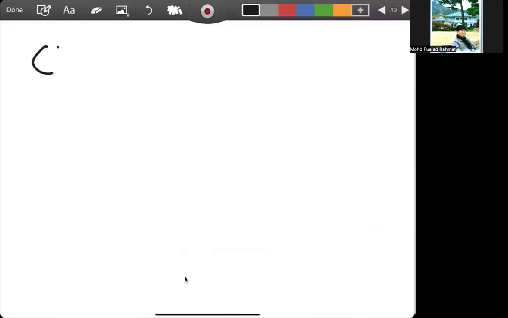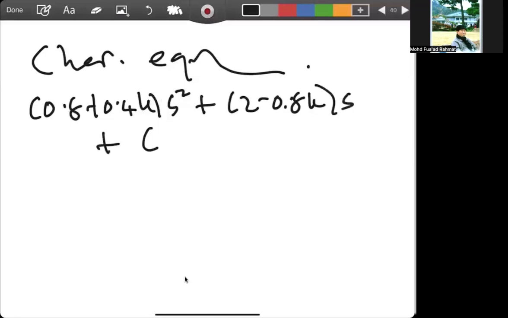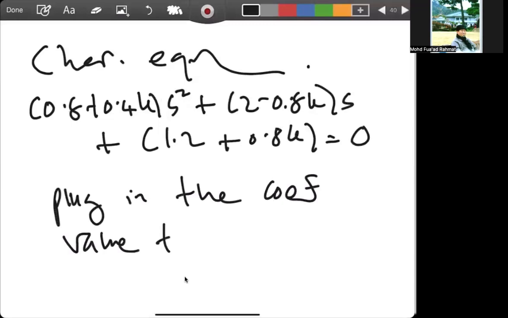So the characteristic equation is (0.8 plus 0.4k) s square plus (2 minus 0.8k) s plus 1.2 plus 0.8k equal to 0. Okay, so plug in the coefficient values to the RH table.